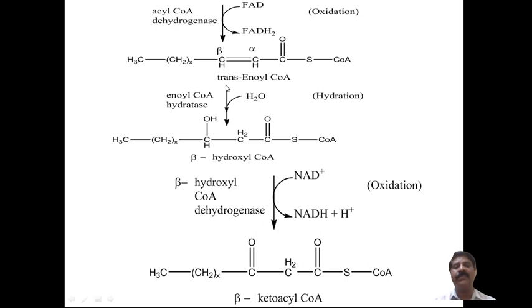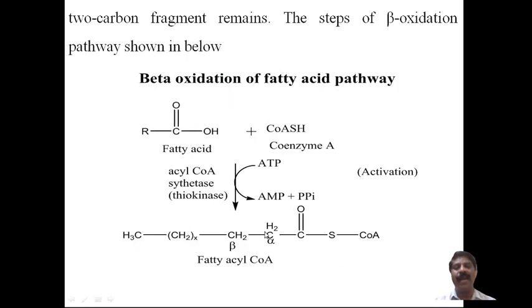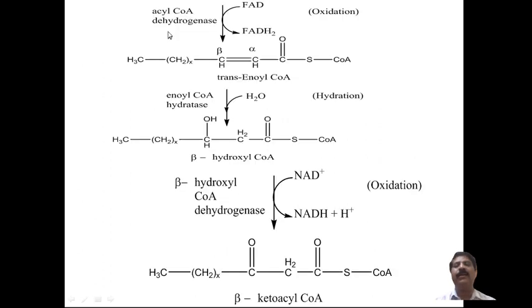The hydrogens present on the alpha and beta carbons are removed by acyl coenzyme A dehydrogenase using FAD. FAD, flavin adenine dinucleotide, the oxidized form, is converted into FADH2, the reduced form.